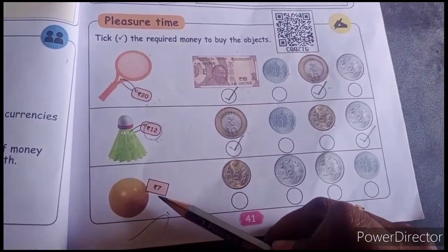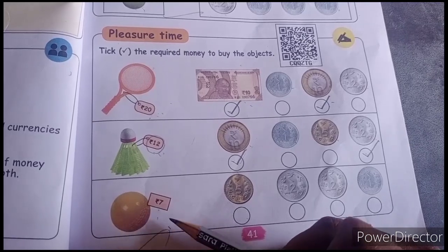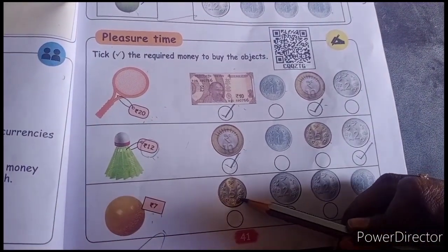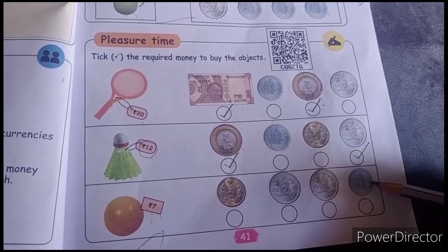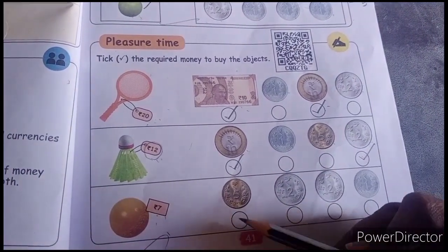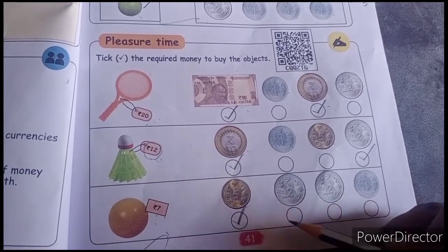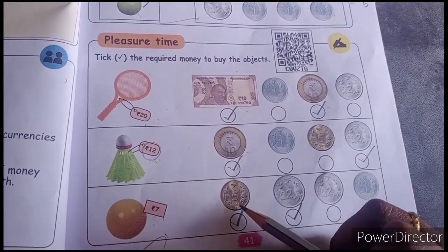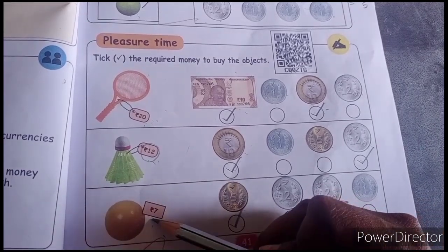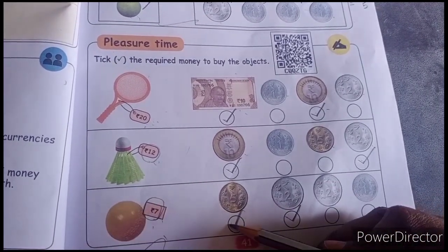Next, ball, rupee 7. They are given 5 rupee coin, 2 rupee coin, again 2 rupee coin and 1 rupee coin. Now 5 plus 2, 7. 5 rupee coin plus 2 rupee coin, we get 7.